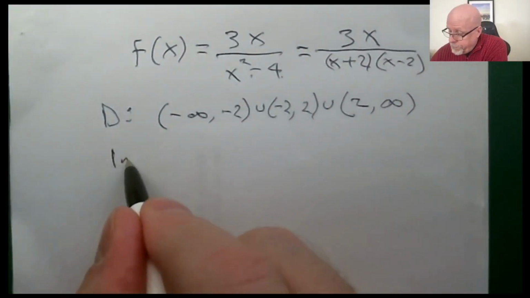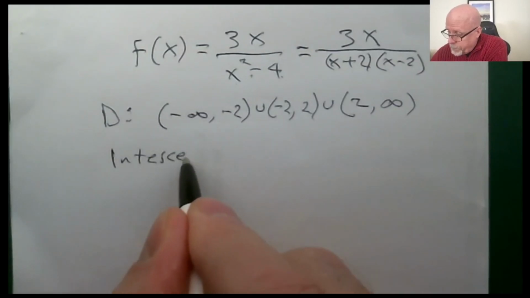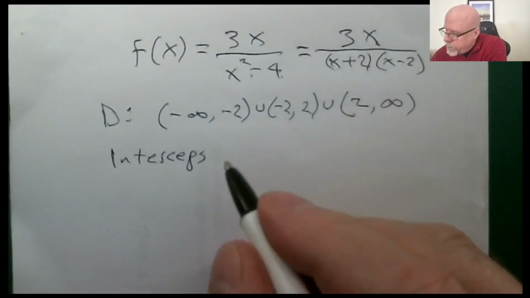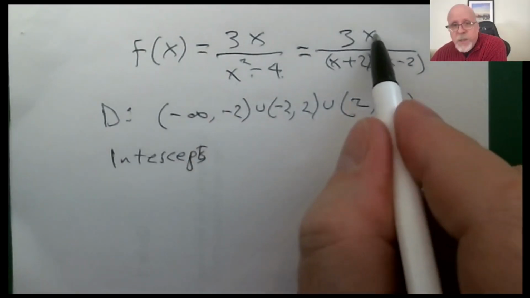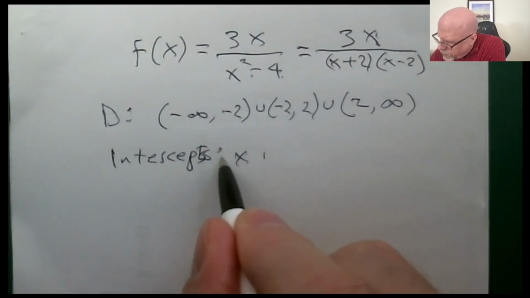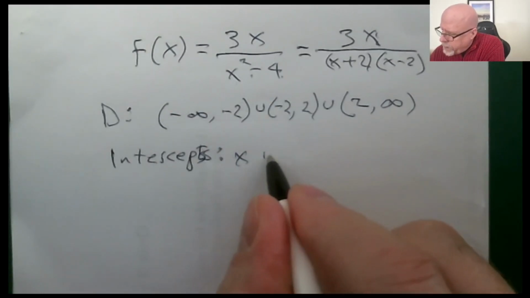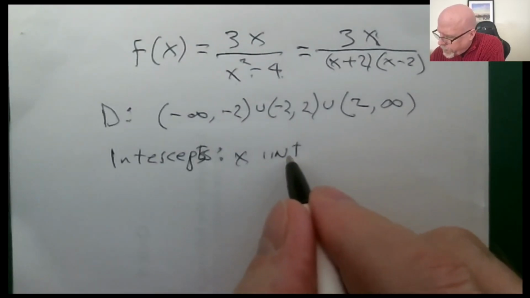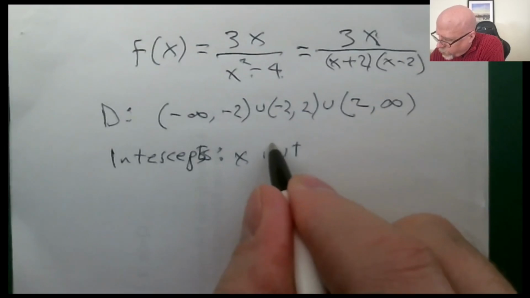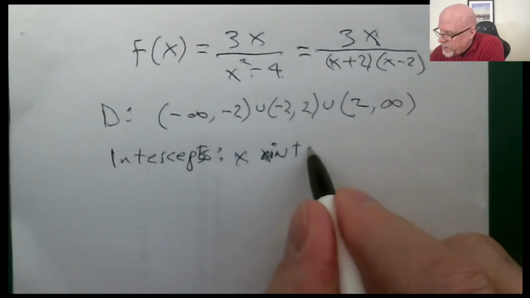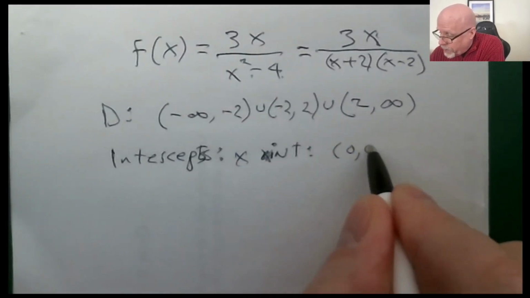Intercepts. Can we locate those? Well, the top is 0 just at 0. So the x-intercept is just the origin, 0, 0.